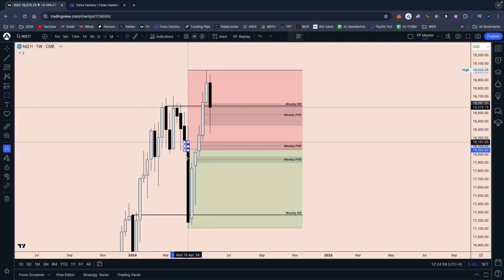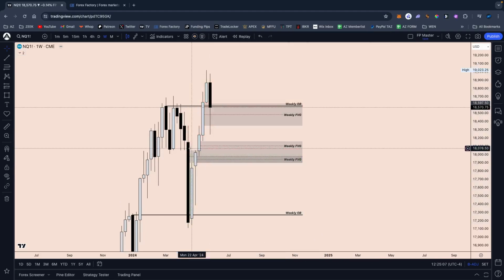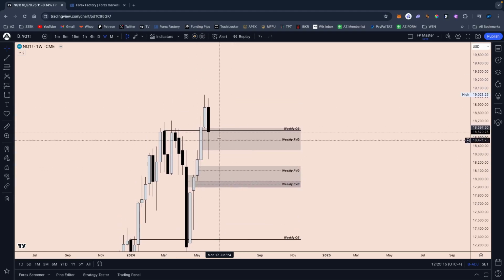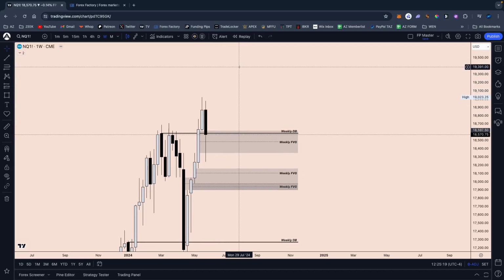So we can also point that one out. That's essentially what we could be looking for, a retracement into potential left behind inefficiencies. Or we're just going to keep on holding that highest bullish fair value gap and we continue higher. Those are both scenarios that are likely, if you ask me.